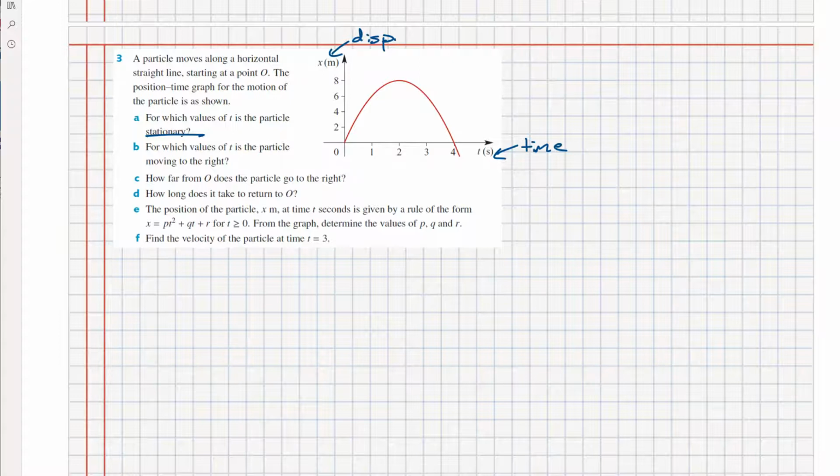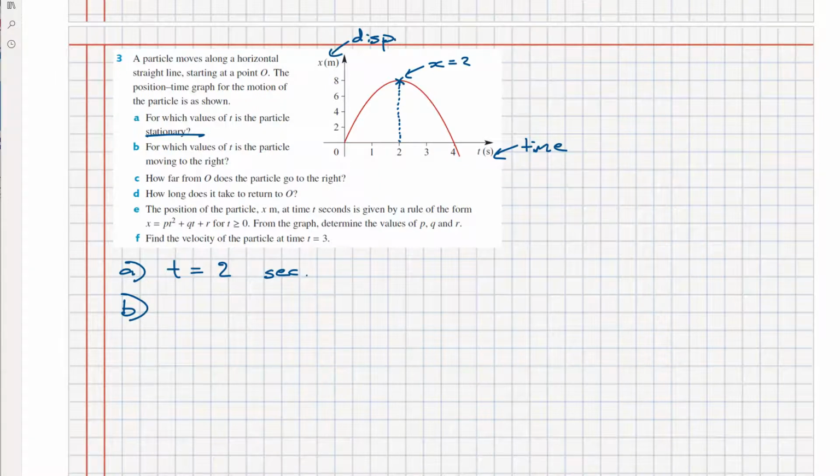So what we're going for is looking for the stationary points. So this point here, the stationary point here is at x equals 2. The particle is stationary, and therefore, for which values of t is the particle stationary? Well, the particle is stationary at t equals 2 seconds.